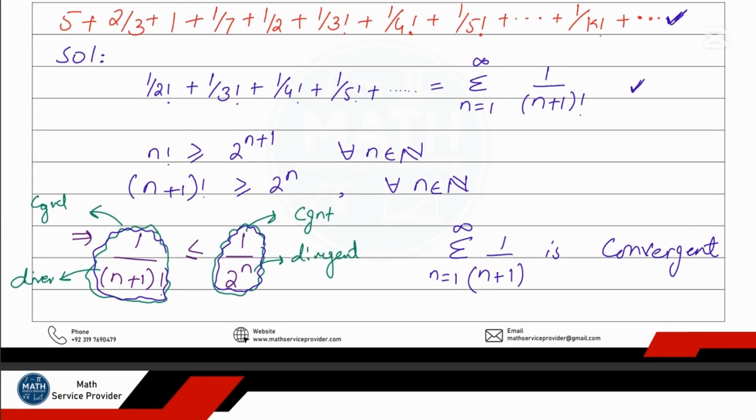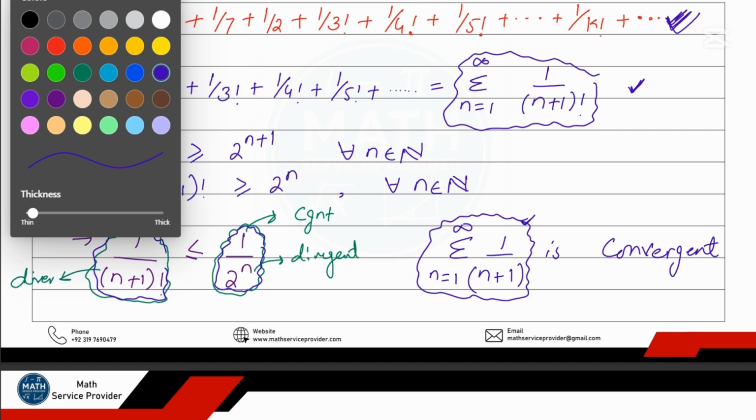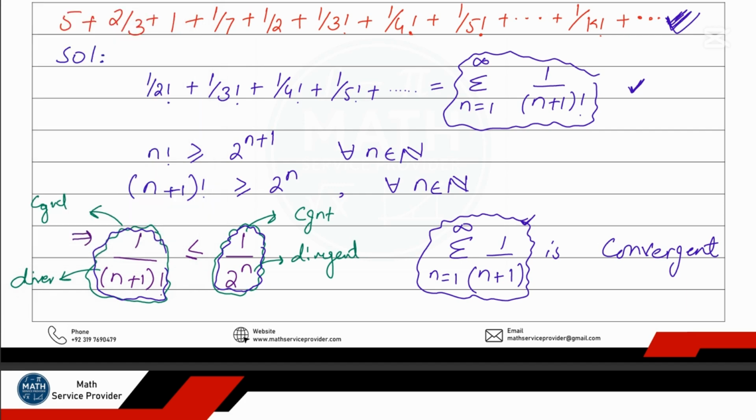I have already told you, if this series is convergent, our original series will also be convergent, and if this series is divergent, our original series will also be divergent. So in our case, this series is convergent, hence we can say that our original series is convergent.